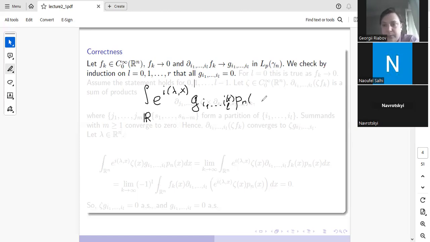So let p_n be the density of the standard Gaussian measure. Let's say that this is the integral of a Fourier transform, where g is a limit of partial derivatives of fk.